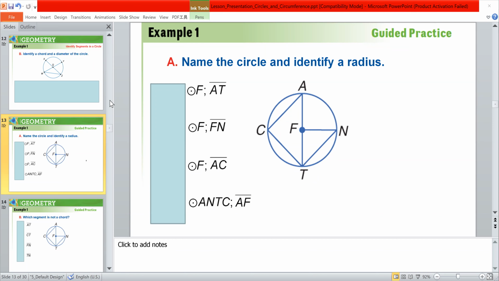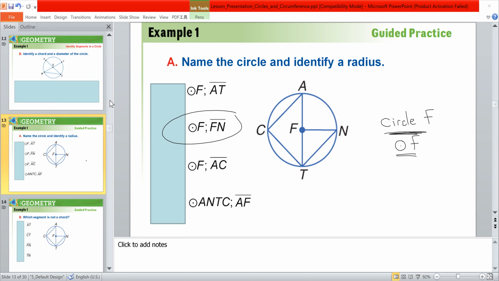In the choices we have FN, so it's the second choice. So the circle is called circle F and the radius is called FN. Instead of writing circle F, he can make the sign of the circle, a small circle like this, and write F. This means circle F.